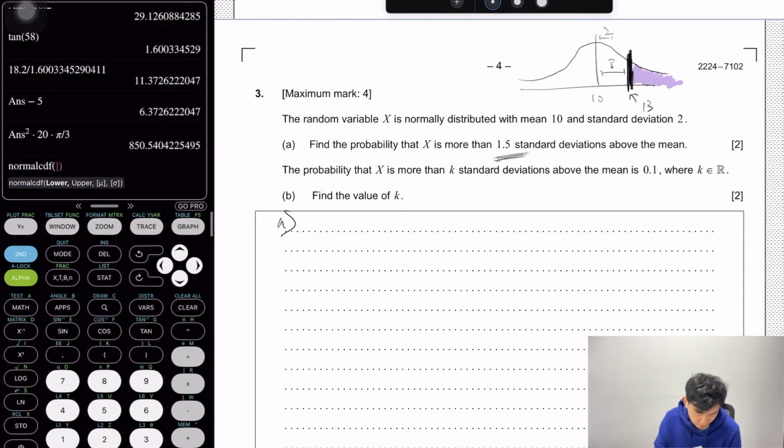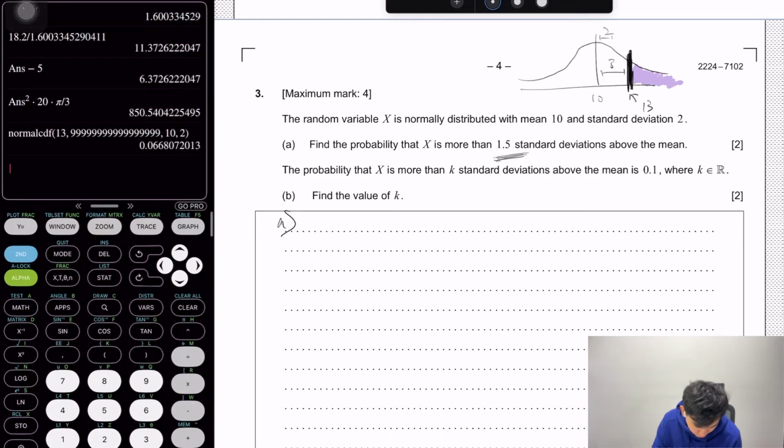Normal CDF, we press 13, and then comma. Our upper limit, you can just put as big a number as possible, and then comma. Then the mean, that's 10, and then comma. The standard deviation is 2. So we press enter.